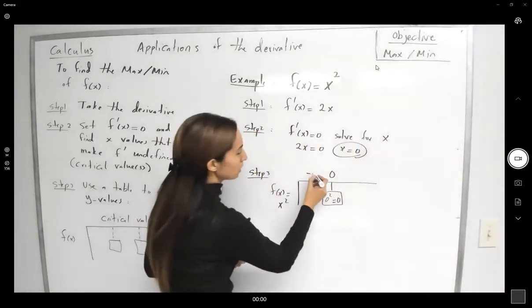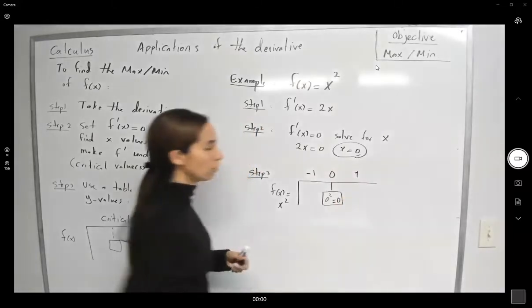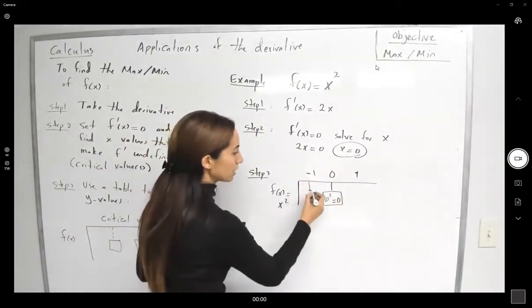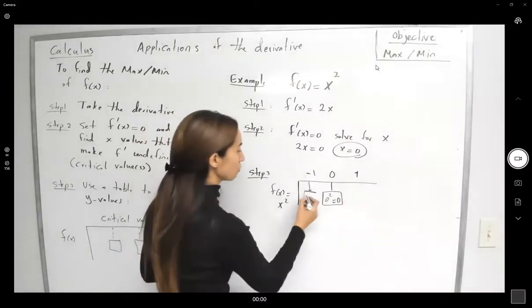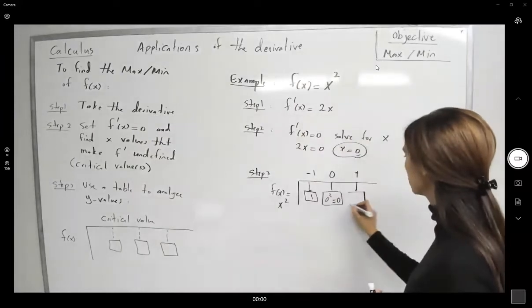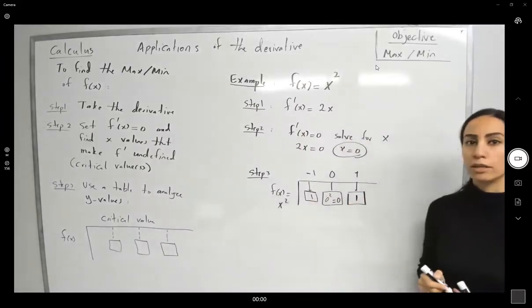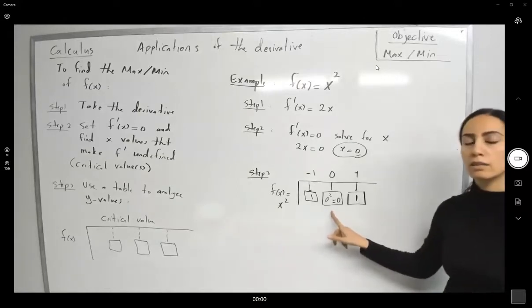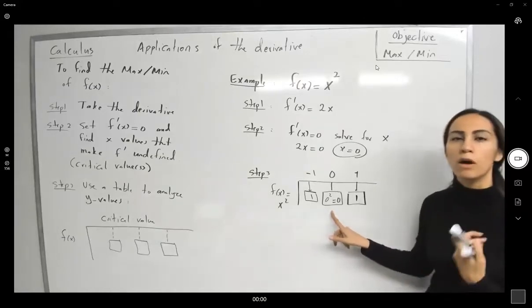So suppose you plug in -1 and then plug in 1 into the function. If I plug in -1, I get (-1) squared, which is just 1. If I plug in 1, I get 1 squared, which is 1. So between 1, 0, and 1, 0 is the minimum number.